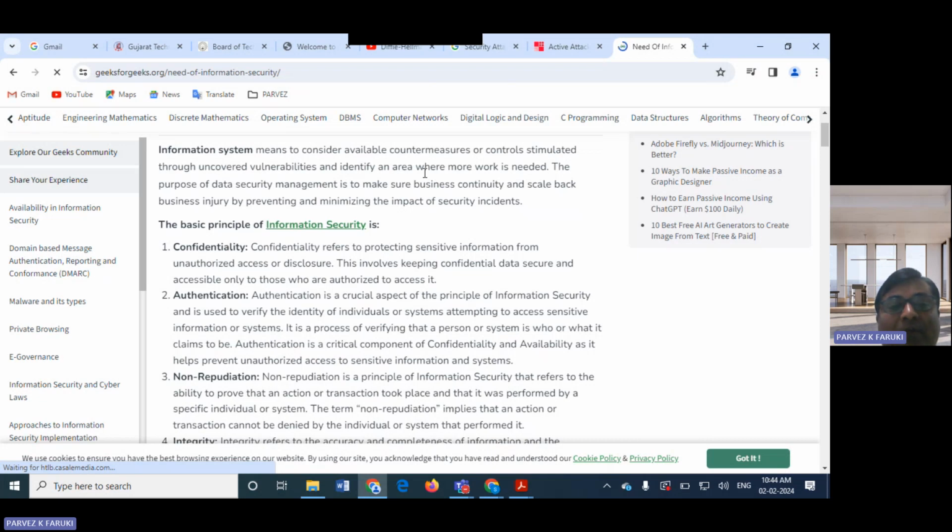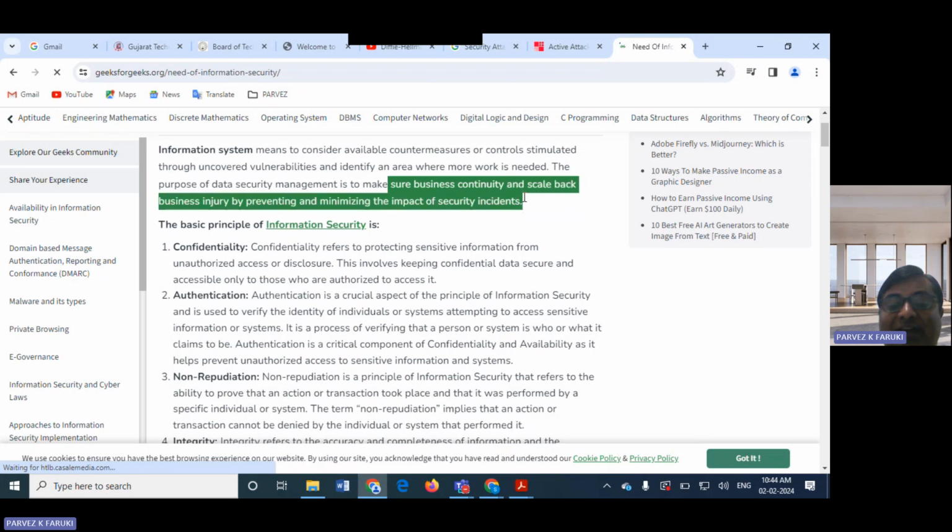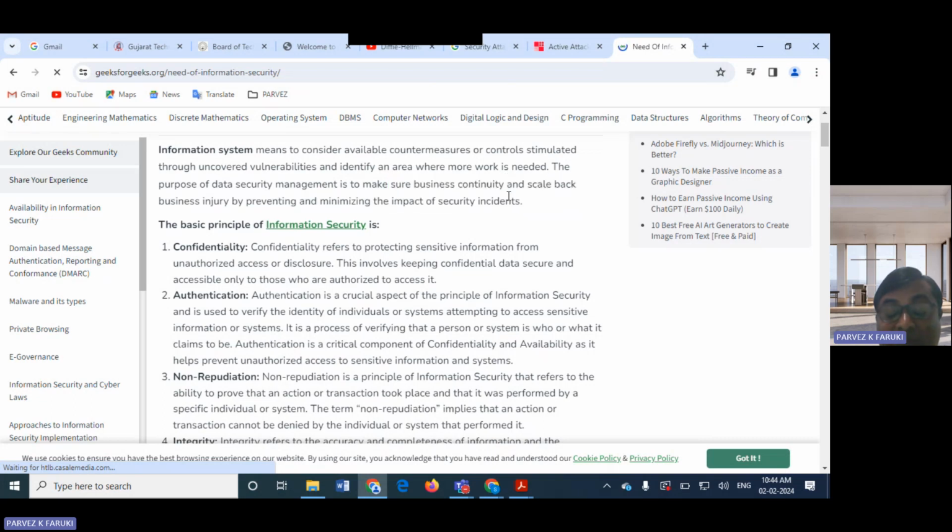Very important. The purpose of data security management is to make some business continuous, and if some security incidents happen, the business is able to recover from that very quickly.